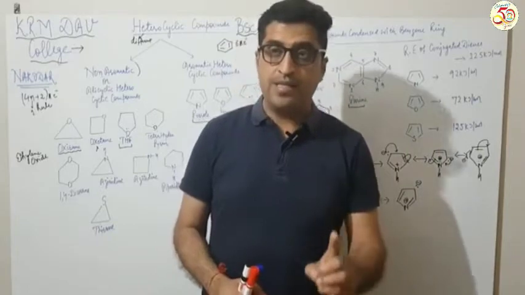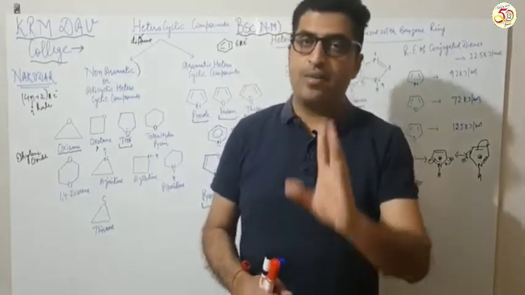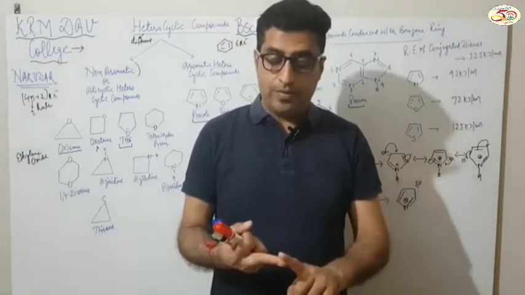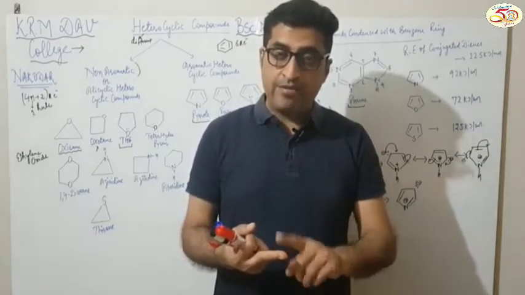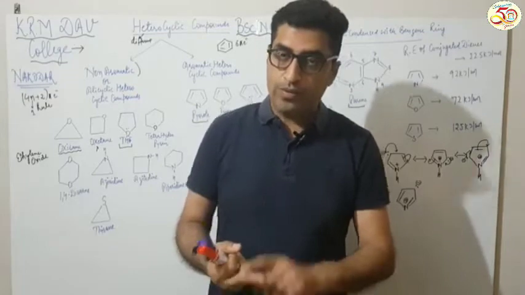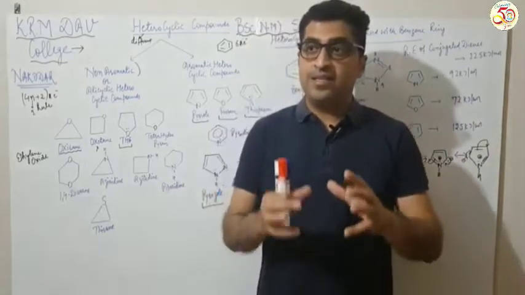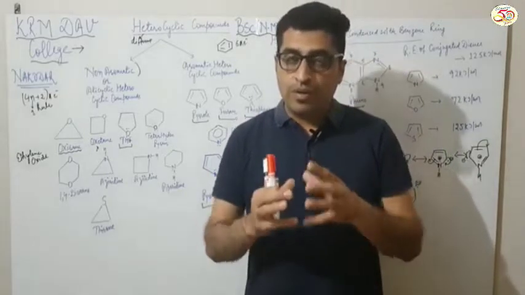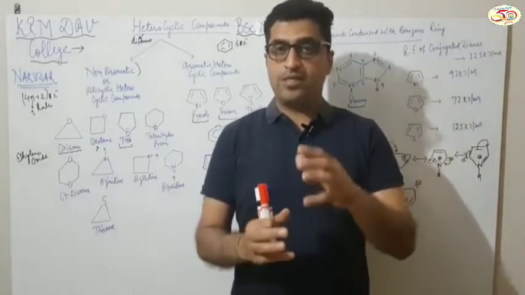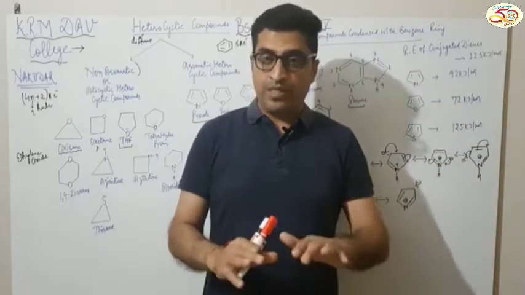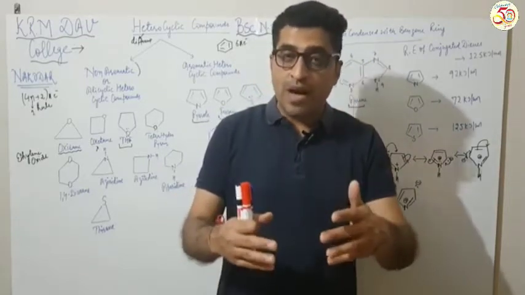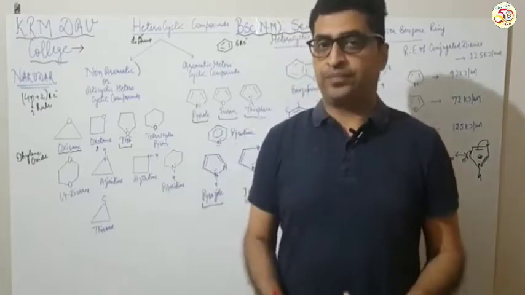We know that benzene is an aromatic compound, and aromatic compounds behave like saturated molecules, and there is some extra stability of the molecule because of resonance. So basically aromatic compounds are those which are stabilized by resonance energy.